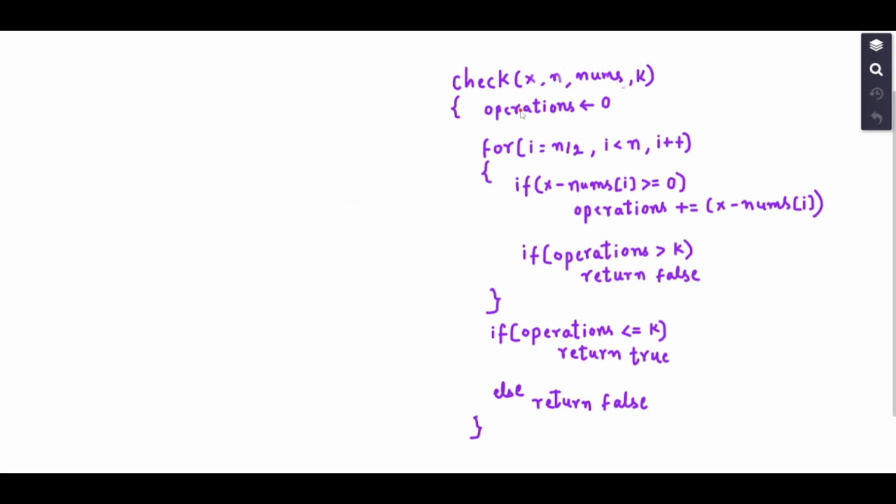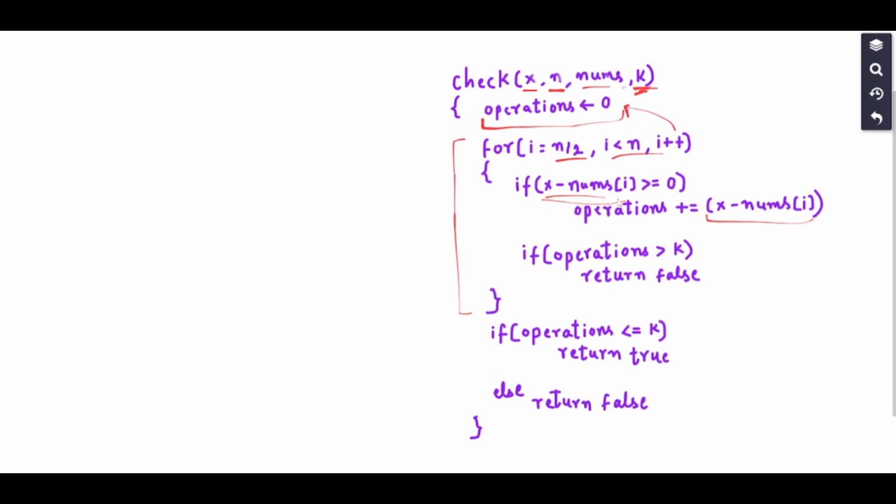Okay, so this is that check function which takes in that middle element which I calculated there, the number of elements in this nums array, and the number of maximum operations which I can perform. And here this is an integer which represents the maximum number of operations which I can perform. Iterate over the array from the middle element till the last element and count the number of operations, accumulate the number of operations in this variable.